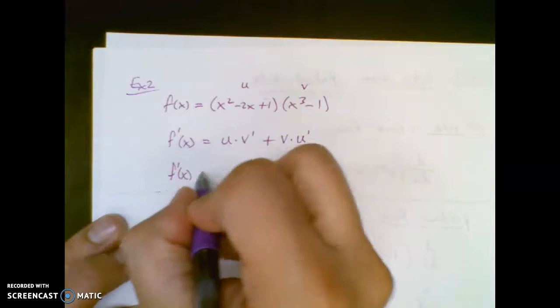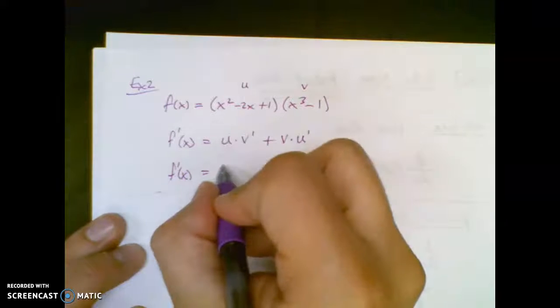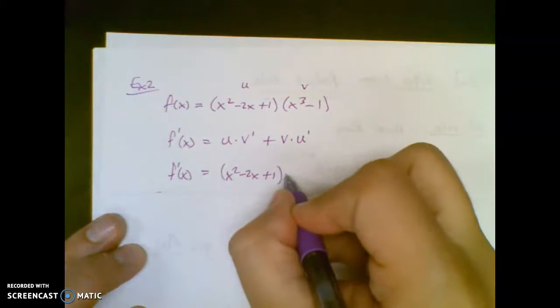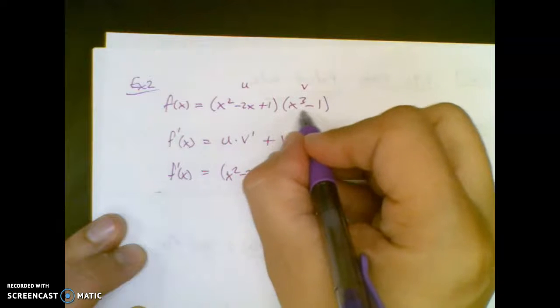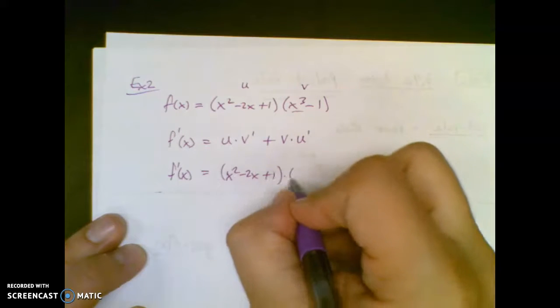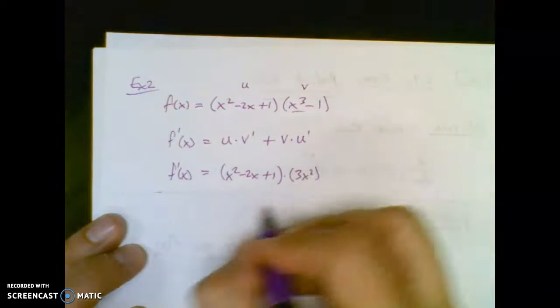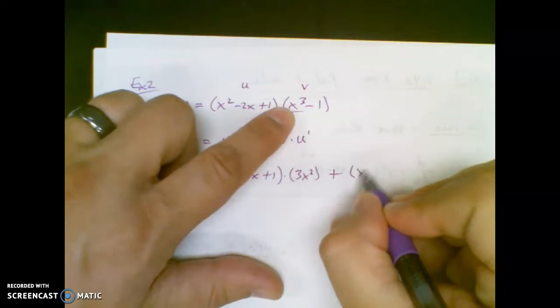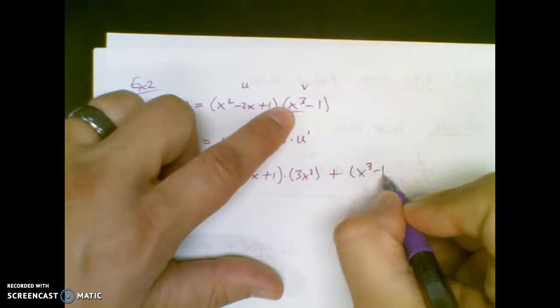F prime of x is going to be, what's u? Just regular u, x squared minus 2x plus 1. And then v prime is just going to be 3x squared. Remember, the derivative of the 1 goes to 0. So 3x squared. And then I have a plus sign. And then I write v just as it is, x cubed minus 1.